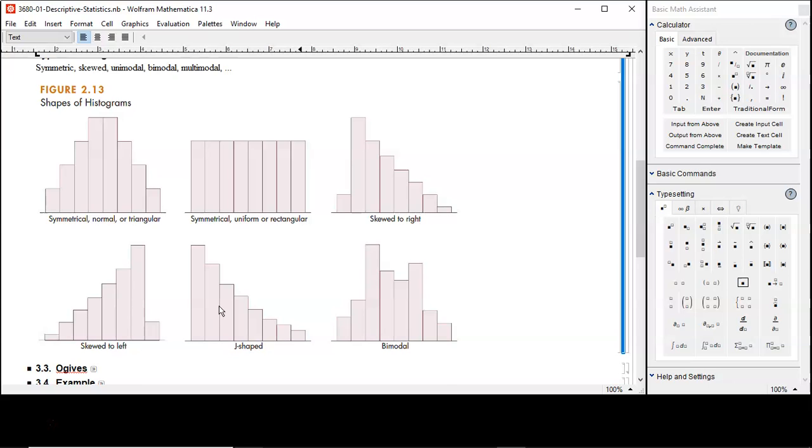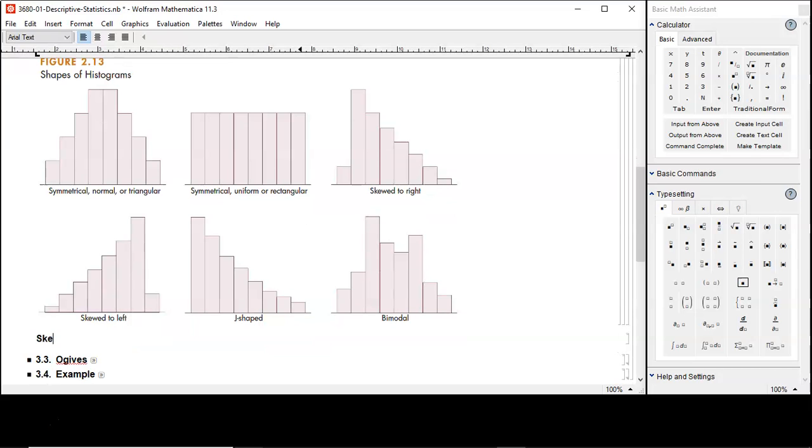So skewed to the right means stretched to the right. And then J shape, this is not really important. Another thing that everybody should remember is bimodal or multimodal, and this thing, the peak. So, alright, let me write it like this.